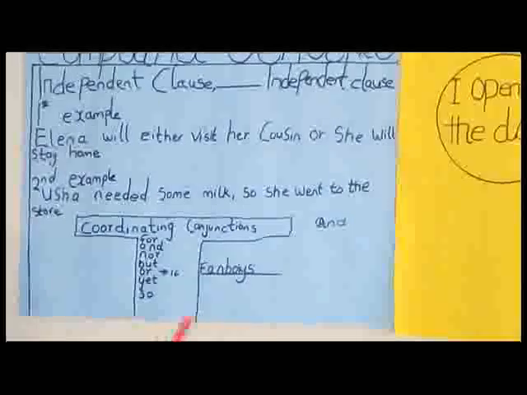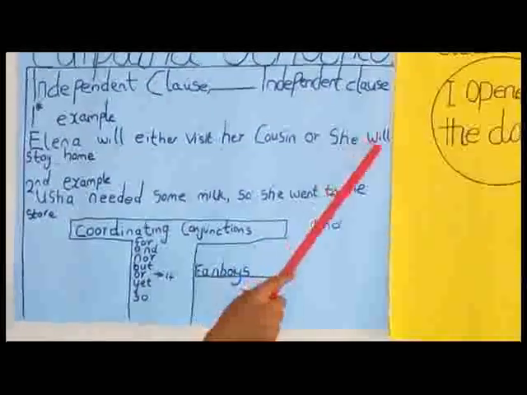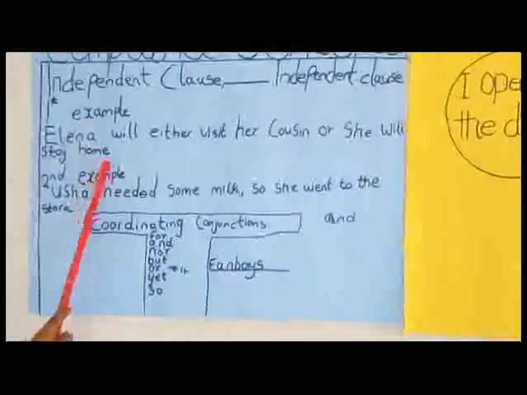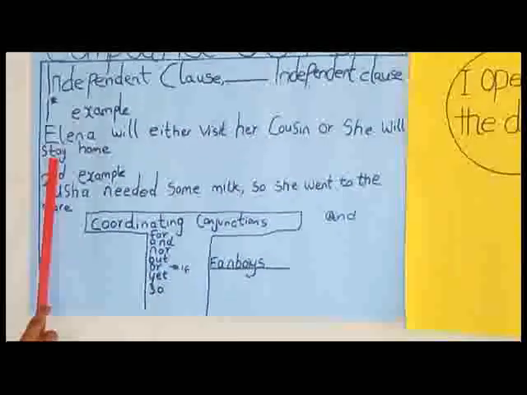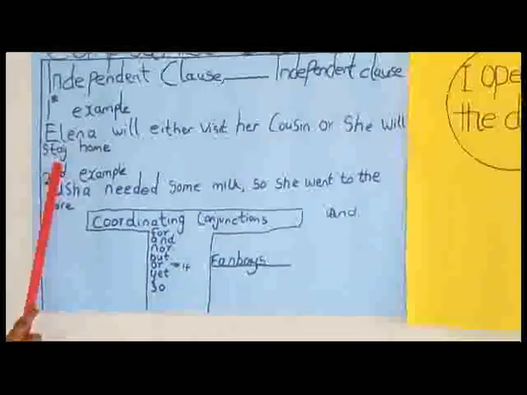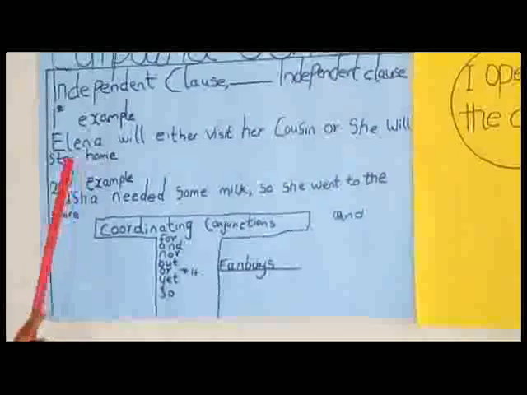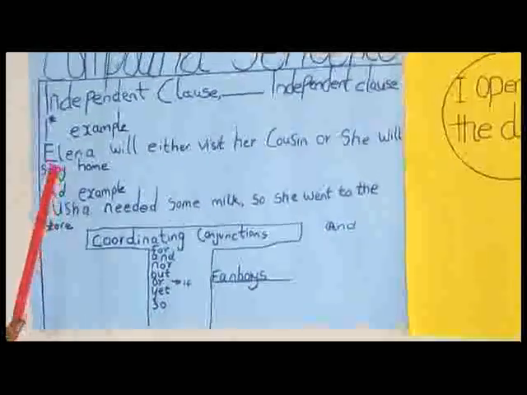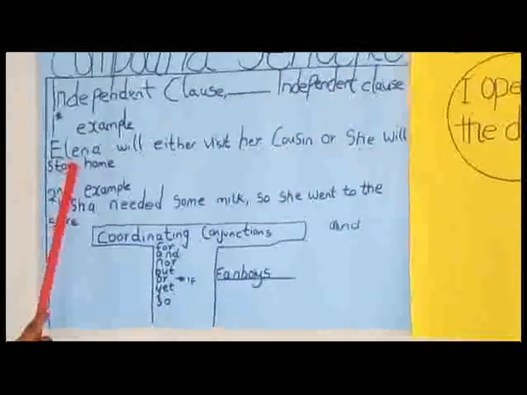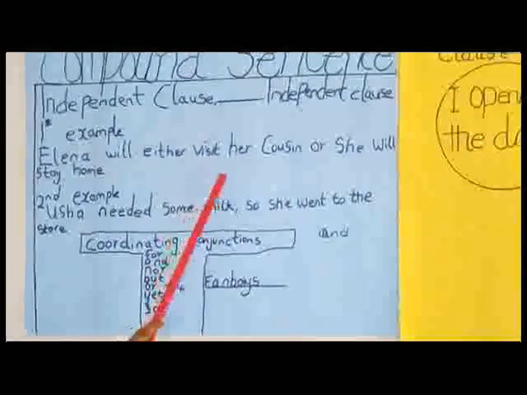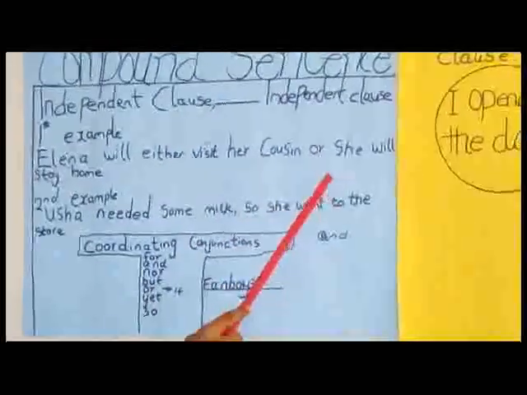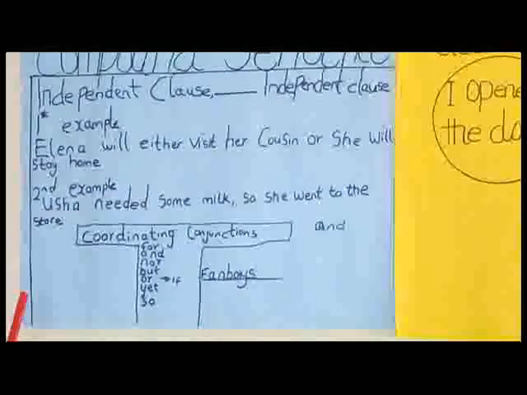She here is the subject. Will stay is the verb. Alright? So that is one example of independent clauses combined to give us a compound sentence.